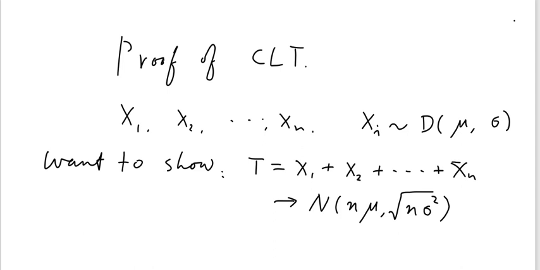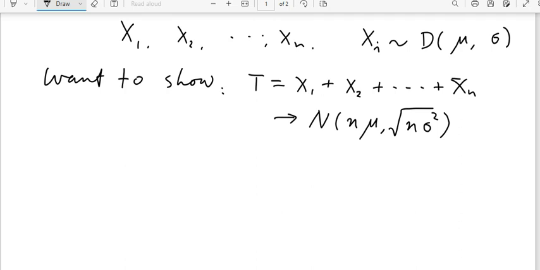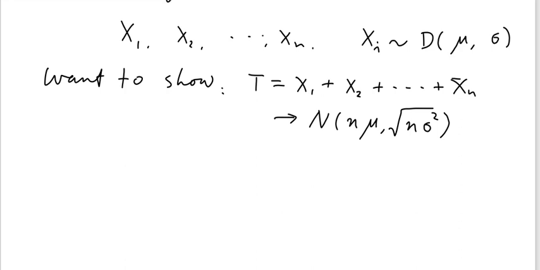Then the standard deviation is the radical of sigma squared, right? Okay. So how to prove this?